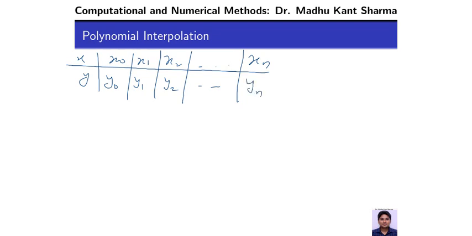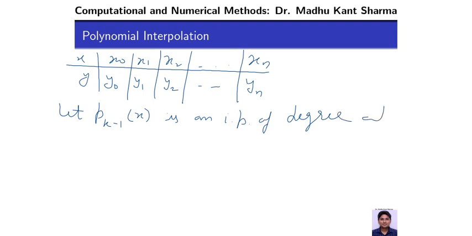If I wish to use the method of mathematical induction, the result is already true for n equals 0, 1, 2. So suppose P(k minus 1) of x is an interpolating polynomial of degree at most k minus 1.